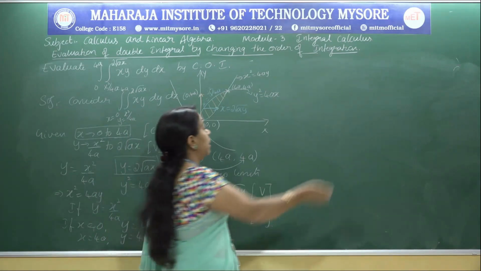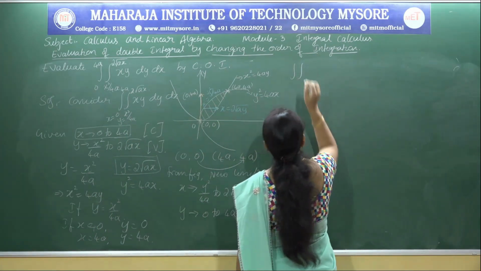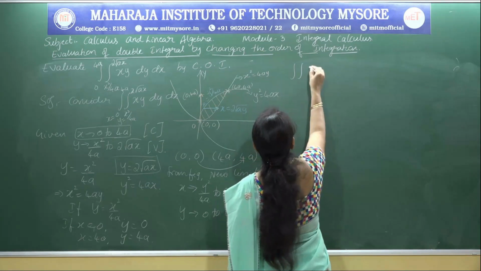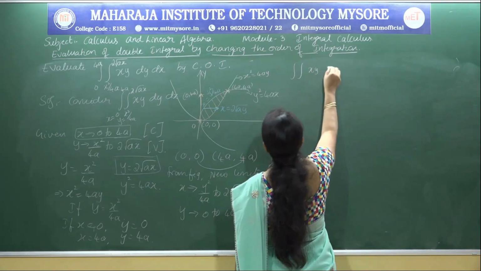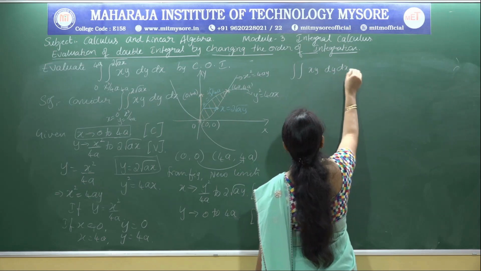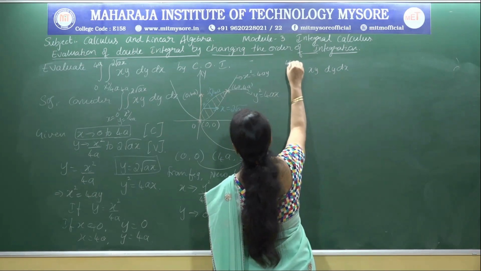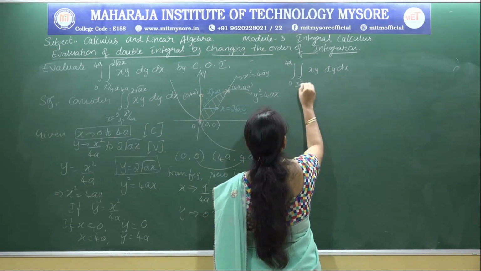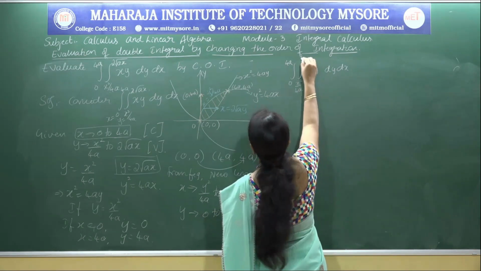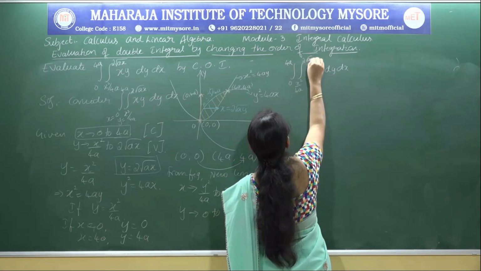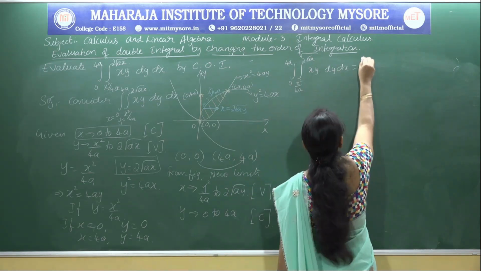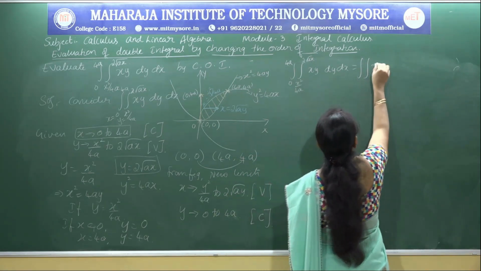Now consider the given double integral, the double integral of xy dy dx between the limits 0 to 4a and x square by 4a to 2 times root of ax. It is nothing but the double integral of xy.